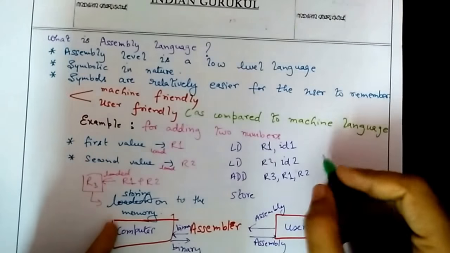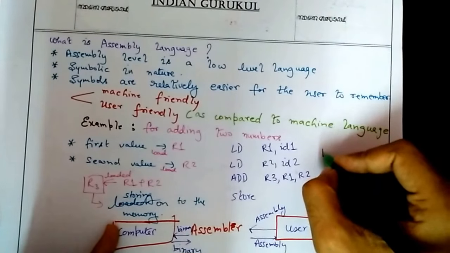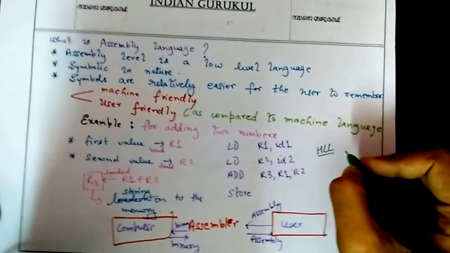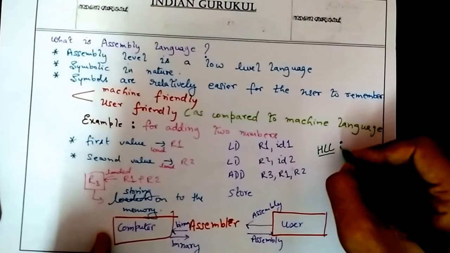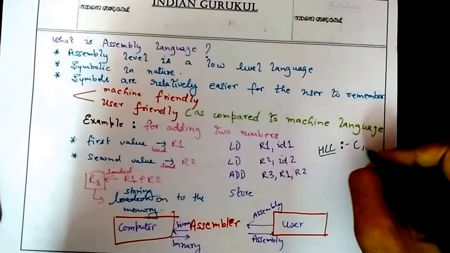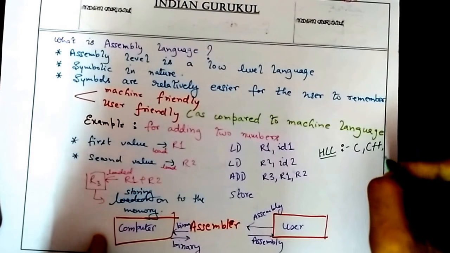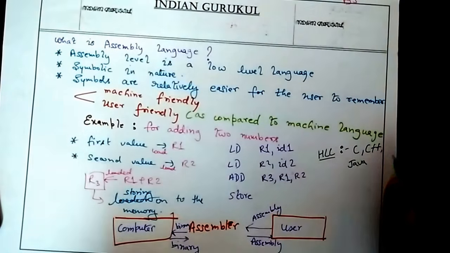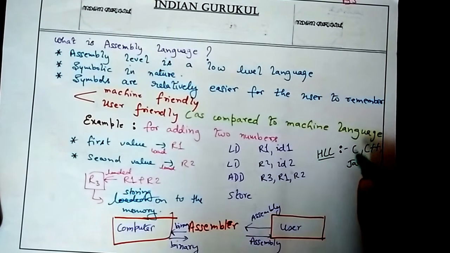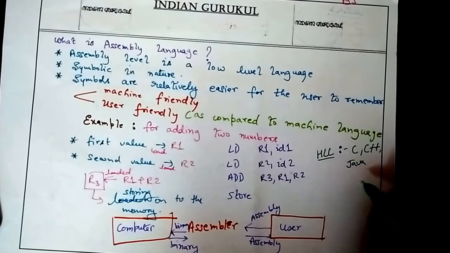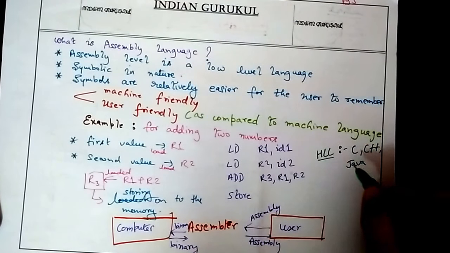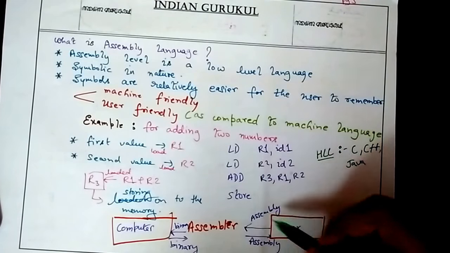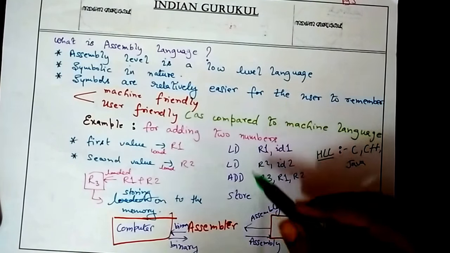So let's have a brief on high level languages. In short, we write HLL. C is one of the high level languages, C++ is there, Java is there. These are relatively easier for the user to understand. They are user friendly, and you don't need to provide so many instructions for adding numbers or any such task.